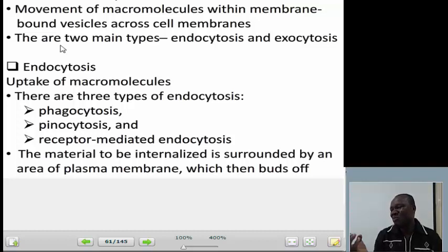Then we have pinocytosis, which is the uptake of soluble substances, very little particles almost dissolved in solution. Right. So phagocytosis could be maybe, let's say, taking a bolus while pinocytosis is taking fluid. Right. Then we have the receptor-mediated endocytosis.